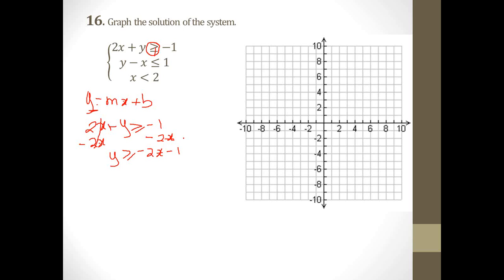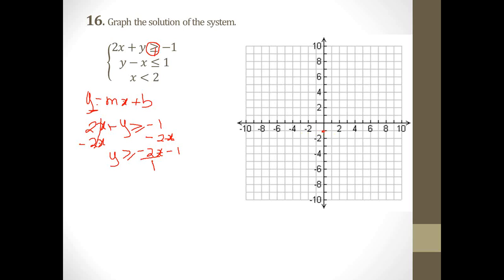Okay, I guess I'm just going to go ahead and graph it, and maybe I'll use different colors for all the other ones. So my y-intercept is -1, so I would start right here. And then my slope is -2, I'm going to put it over 1.